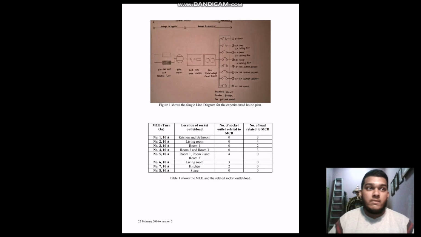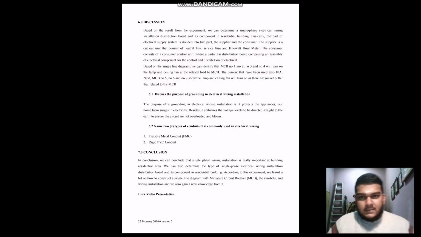That's for Table 1. The next part is discussion. Based on the result from the experiment, we can determine a single-phase electrical wiring installation distribution board and its component in residential building. Basically, the electrical supply system is divided into two parts, the supplier and the consumer.